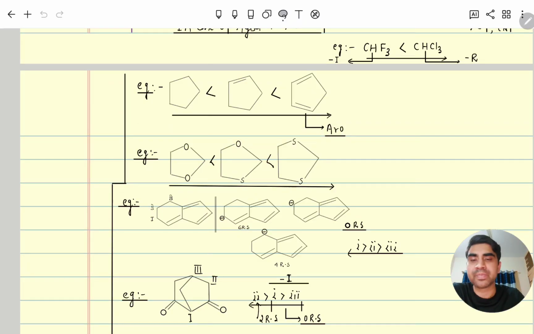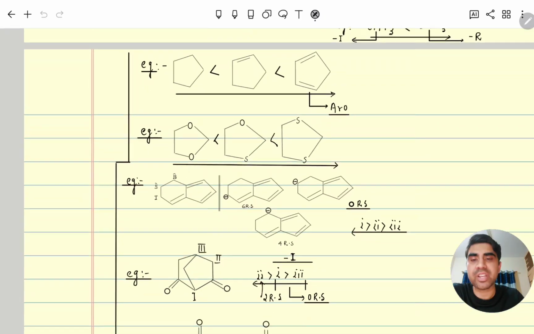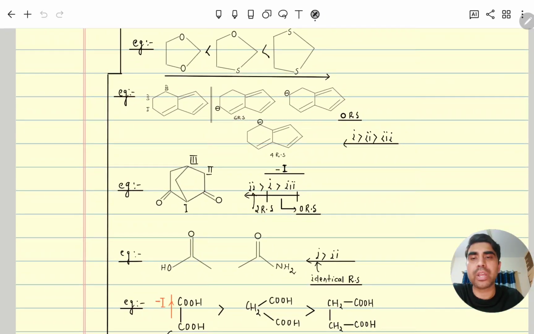Clear? Now for this compound, find the acidic strength for position 1, 2 and 3. For 1 the conjugate base will be here; for 2, one hydrogen is removed and the conjugate base is here; and for 3, hydrogen is removed and the conjugate base will be here. For this, negative, single, double, so it will have 6 resonating structures. You see the bridgehead.